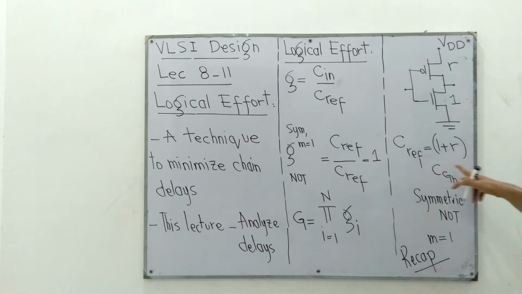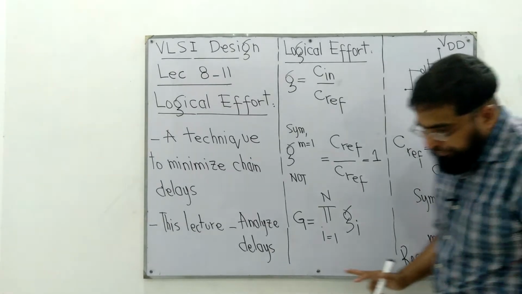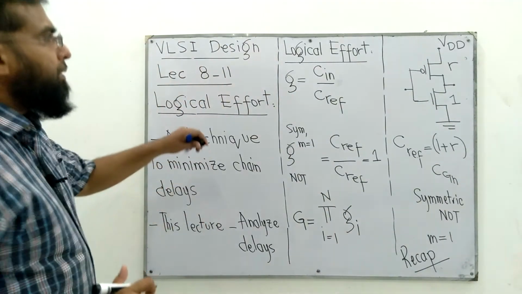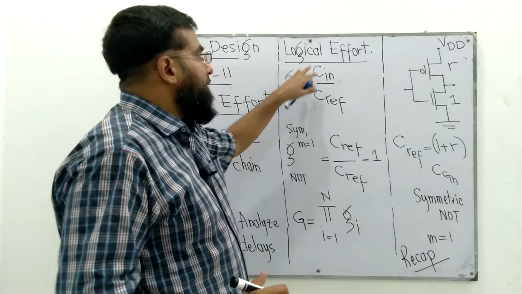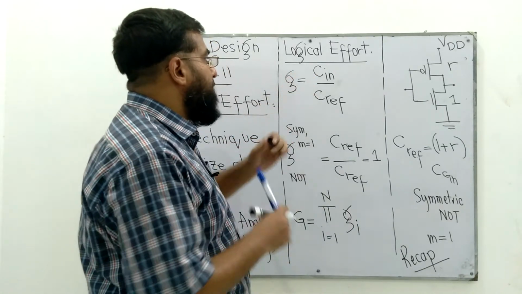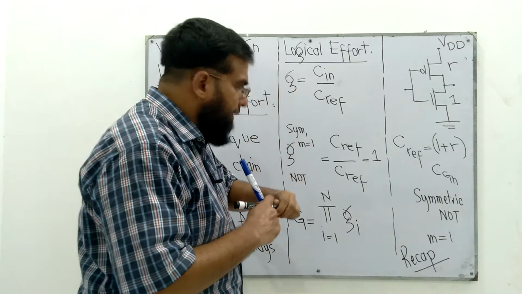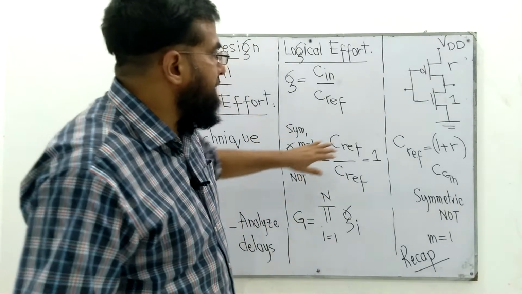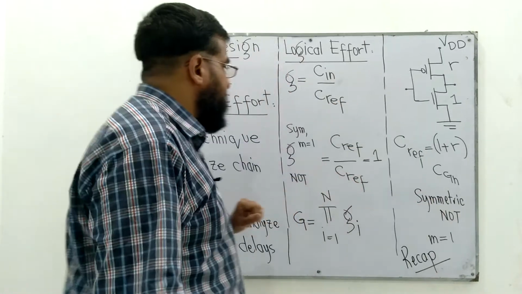So this is the expression for C reference. We have derived this expression in our earlier lectures. So logical effort is the ratio between the input capacitance of a gate and the reference capacitance.